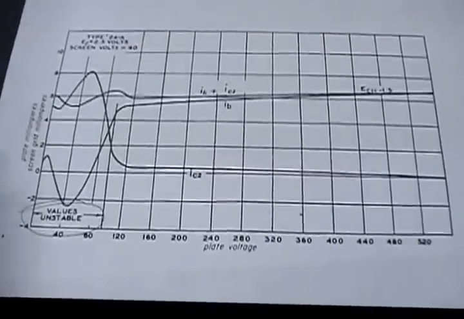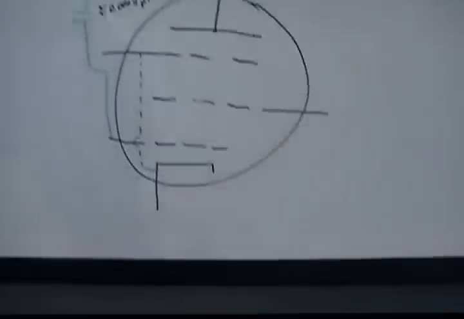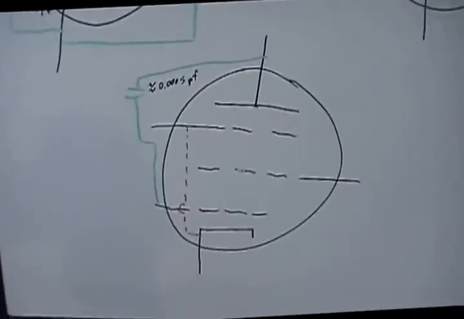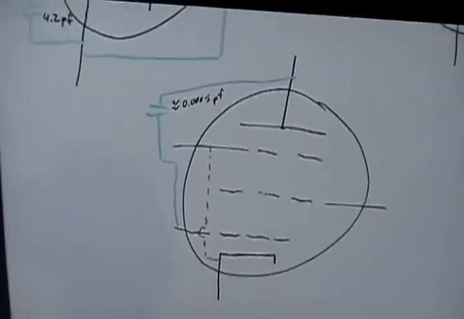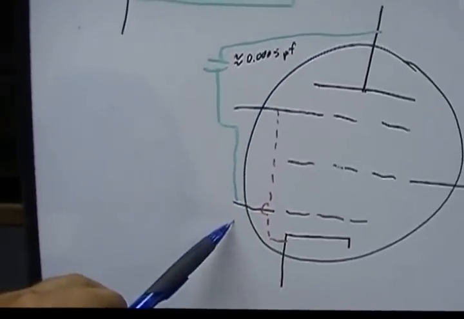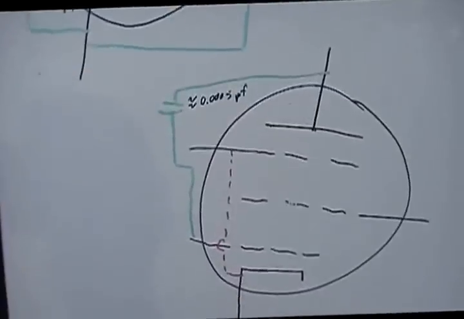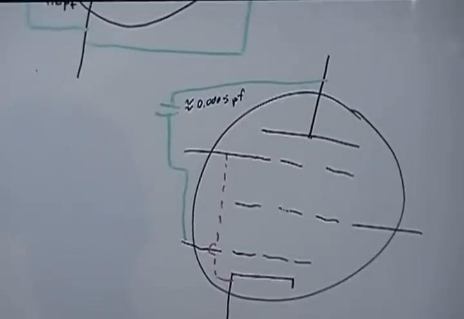So we had to do something, and again we turned to the tube manufacturers, and in comes the pentode. Now here's a pentode. Again, very low capacitance between the control grid and the plate. It's a little bit higher than the tetrode, but not a lot.